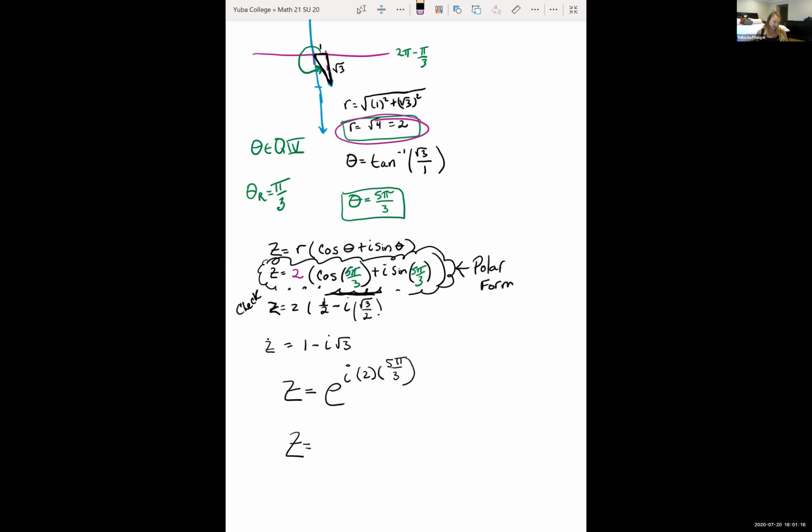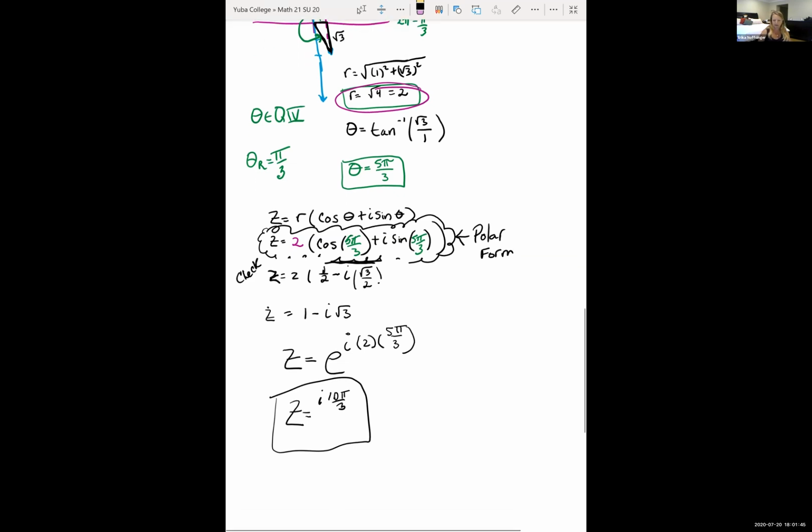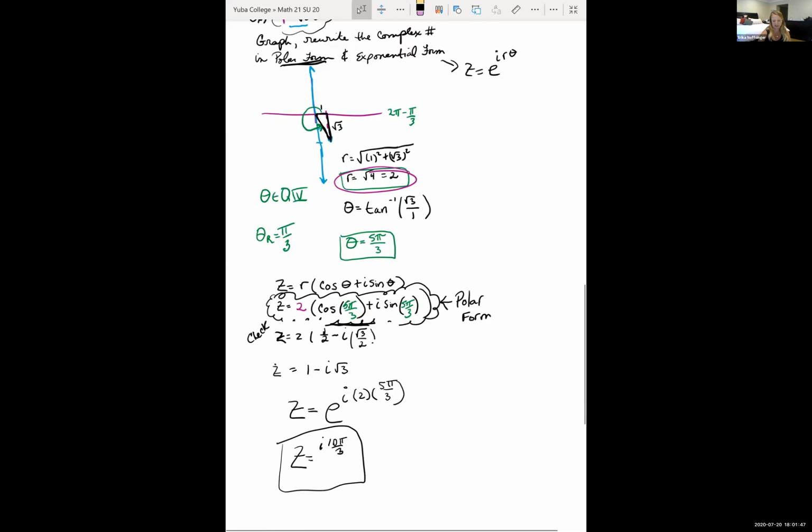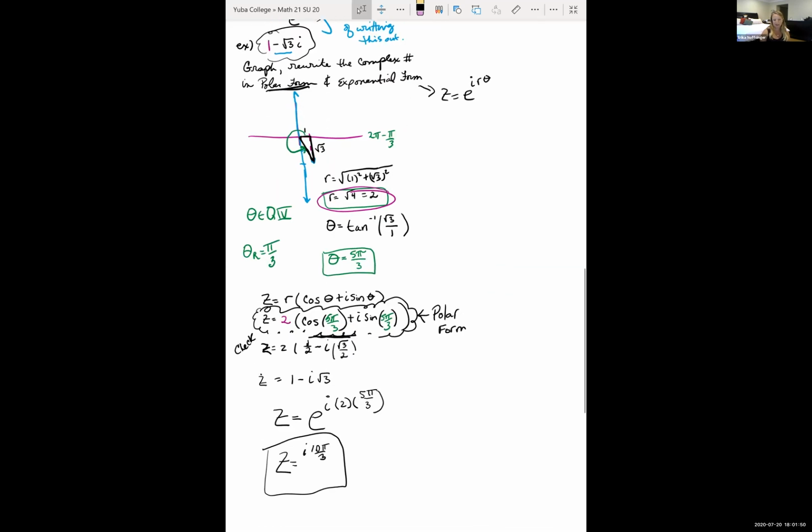So let me see. And they simplify. So we can say this is I 10 pi thirds. Pretty much, again, what we've been doing, just written a little bit differently.